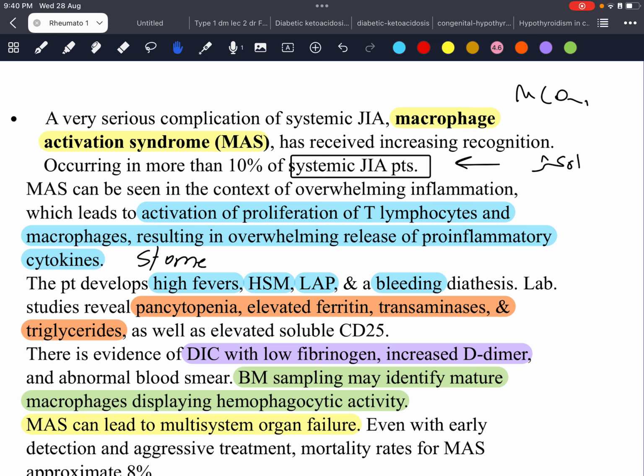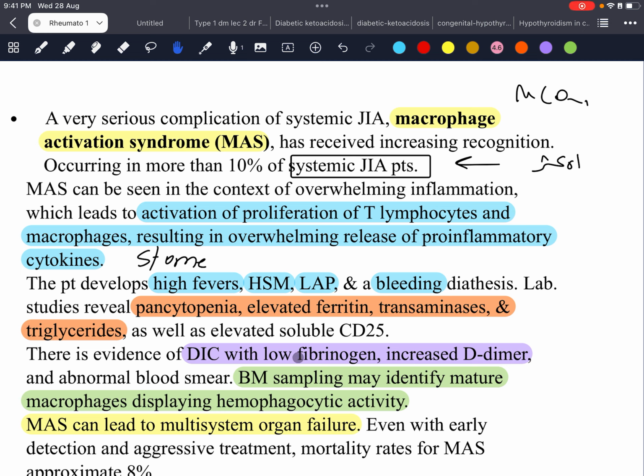The patient will develop high fever, hepatosplenomegaly, lymphadenopathy, bleeding tendency, even DIC. The investigation shows pancytopenia, because the activated macrophages phagocytose the blood-forming cells inside the bone marrow. Bone marrow sampling will show macrophages displaying hemophagocytic activity.